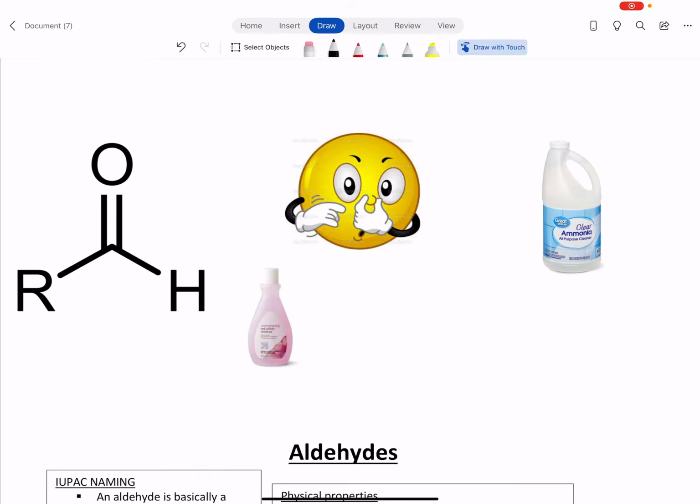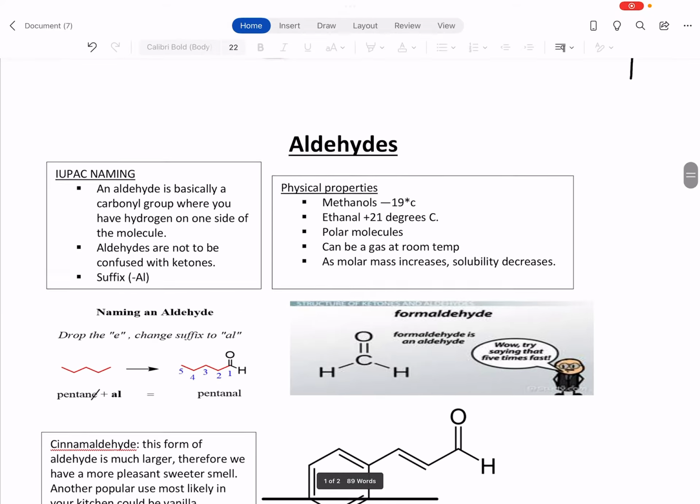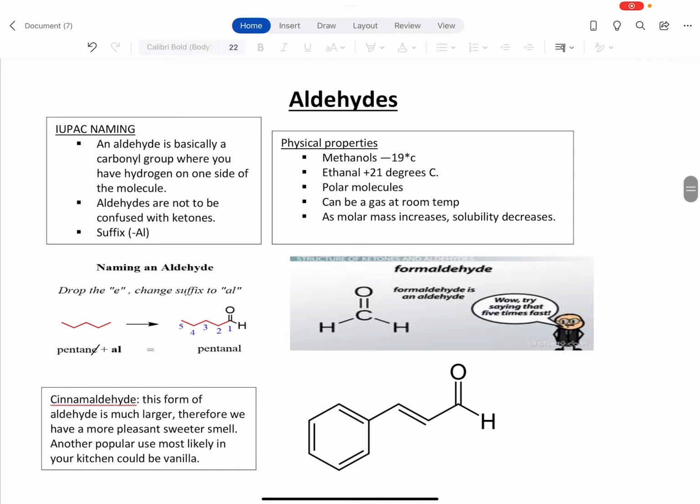If you are in chemistry and you're doing an equation, you can identify an aldehyde by the hydrogen attached to the carbonyl group. As we know this, we can add this into our naming.